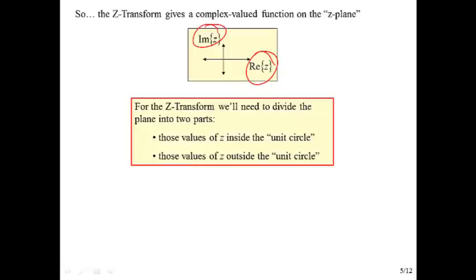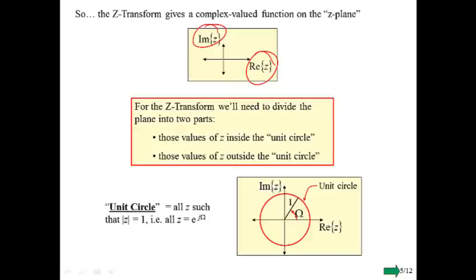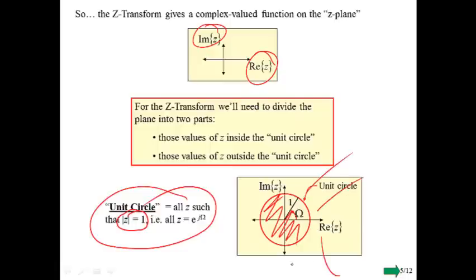And we'll often divide the Z plane into two parts: the parts that are inside the unit circle and the values of Z outside the unit circle. The unit circle is just the set of all Z values such that the magnitude is equal to 1. So it's just this circle, right? All the values of Z that are distance 1 from the origin. We'll be interested in parts that are inside the unit circle as well as parts that are outside the unit circle, and that'll be our dividing line as to the right side of the tracks and the wrong side of the tracks, so to speak.